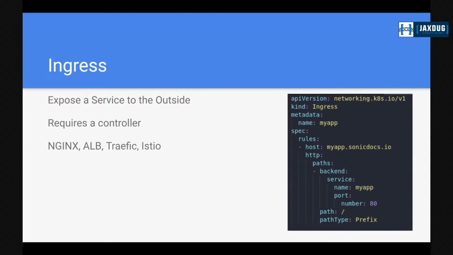So what's going to happen in this network is we have an Nginx controller that's running that the traffic is coming into, and then it's routing it out to our individual application inside Kubernetes.